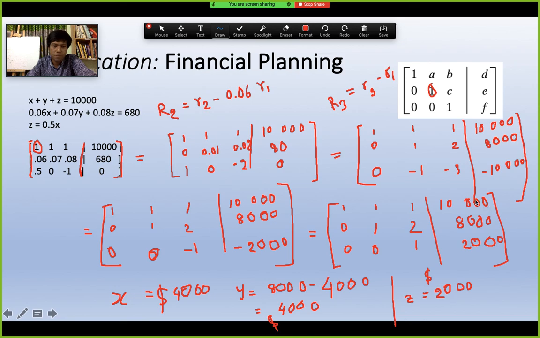Okay. So that's the solution for this math, and we followed pretty much a similar process as given in our example. Just a little bit, we have done some improvisation here in the process.